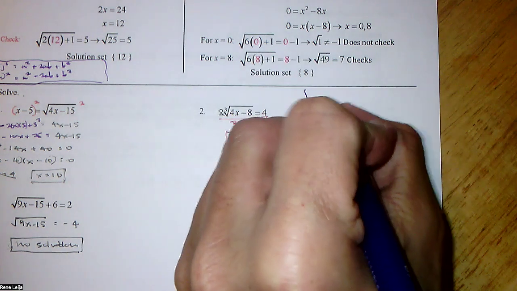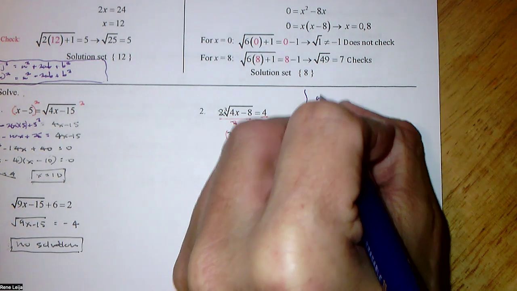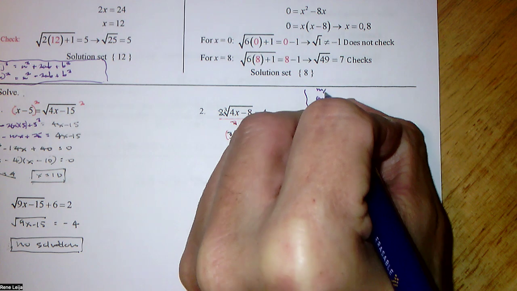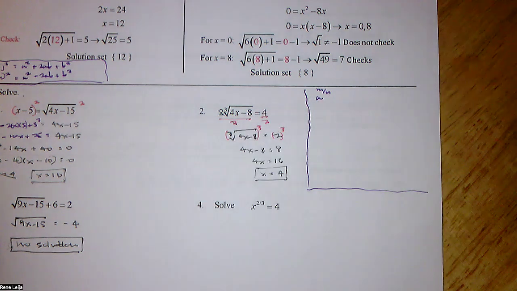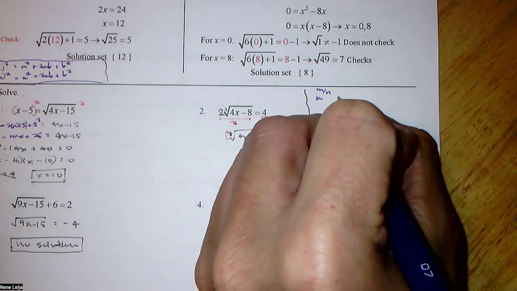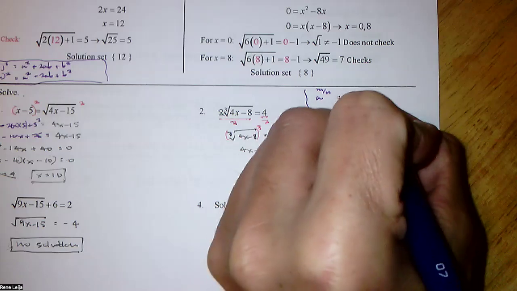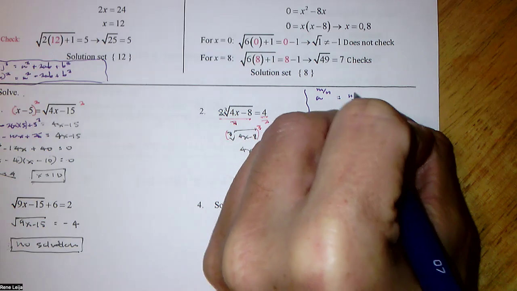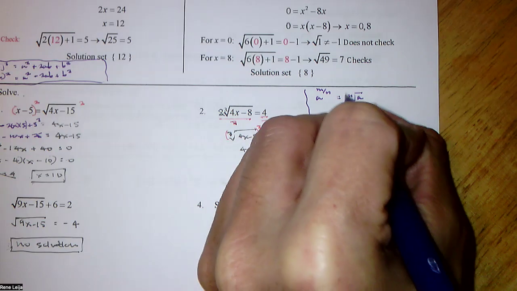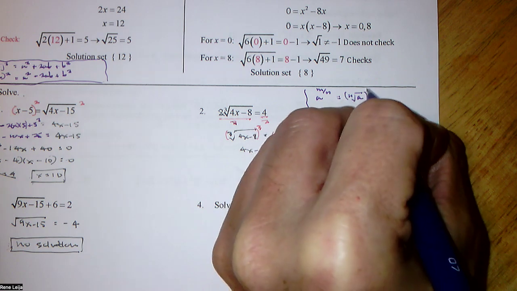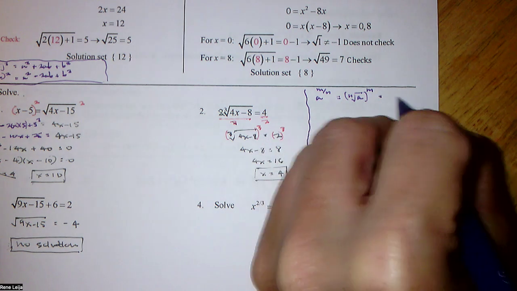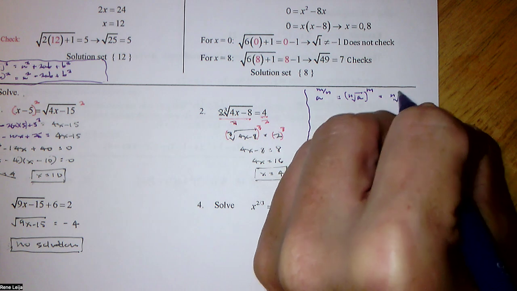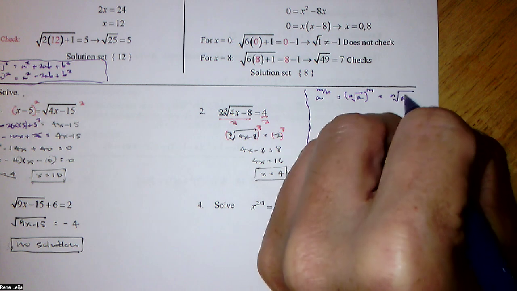So a rational exponent looks like this: a to the m over n power. It's when your exponent is a fraction. Now, this can be rewritten in one of 2 ways. We can rewrite this as the nth root of a all raised to the m power, or the nth root of a to the m.